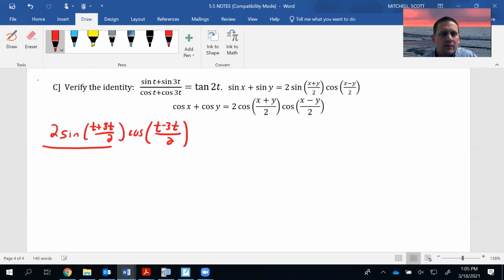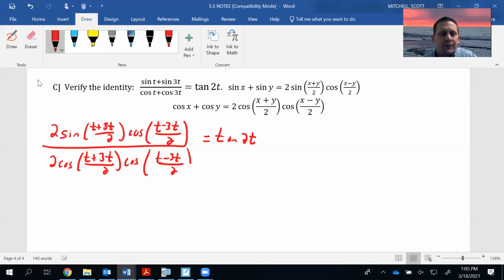And remember, this is all equal to the tangent of 2t. Then on the bottom, I've got to do this formula. So I'm going to have 2 cosine of (t plus 3t) over 2, times the cosine of (t minus 3t) over 2.